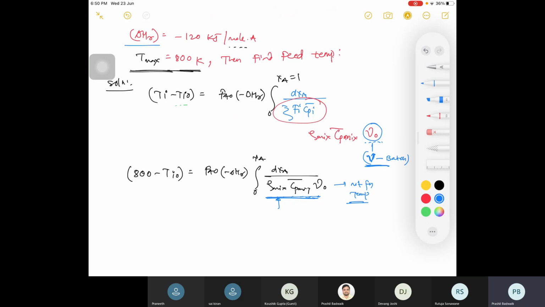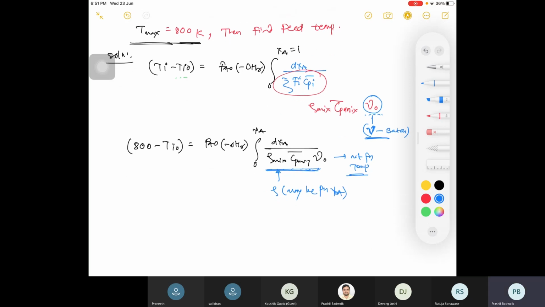Cp is not that much function, but density may be your function of temperature. No, density is function of conversion, I'm saying. Conversion XA.